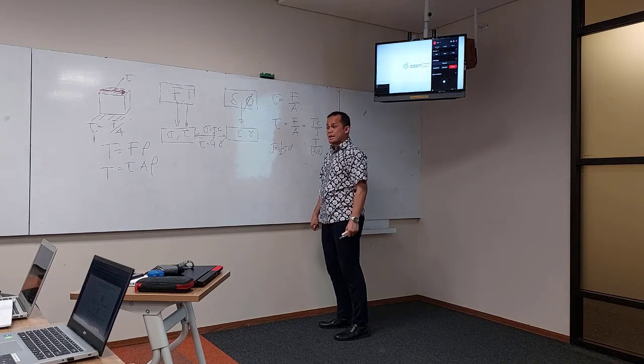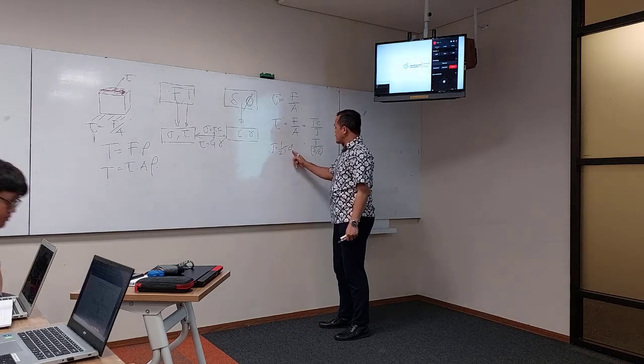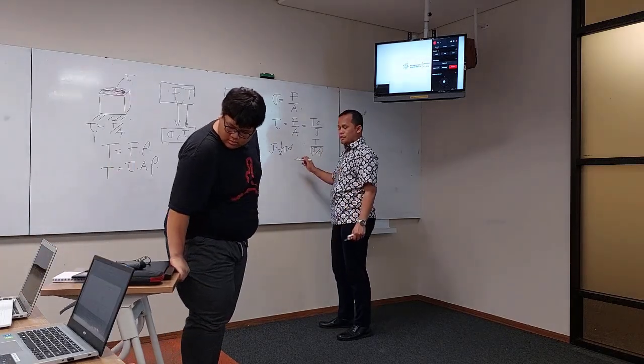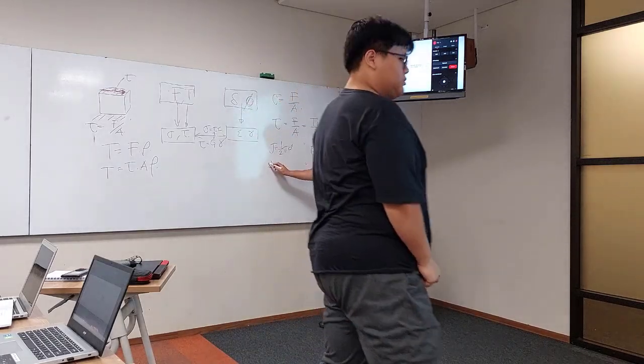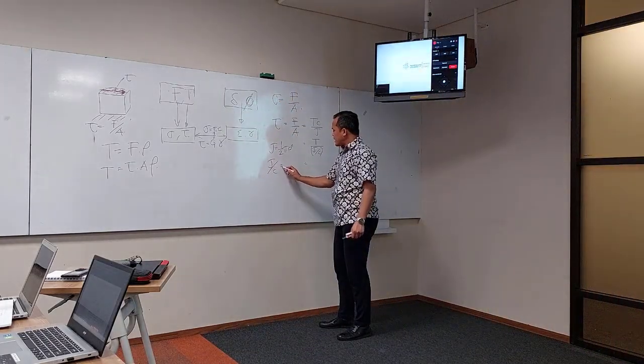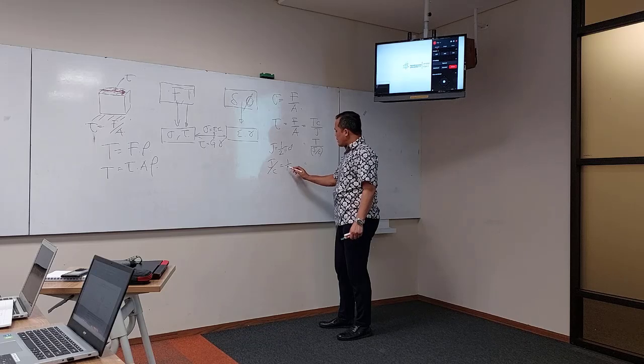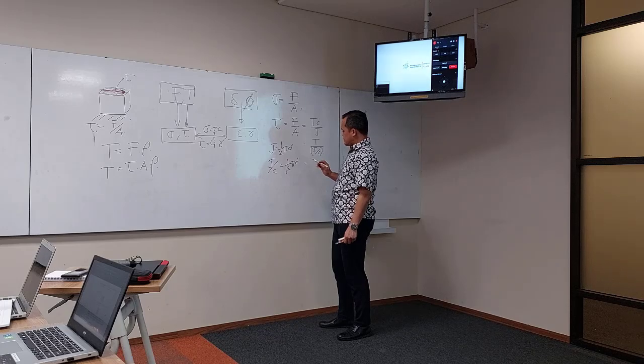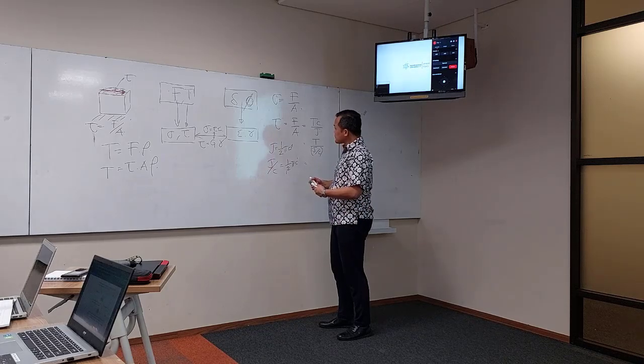Polar moment of inertia, not pi r square. Then if I find J over C, it will give me half of pi c power 3. Power 3. Why is it power 3? Yeah, because power 4 divided by C.